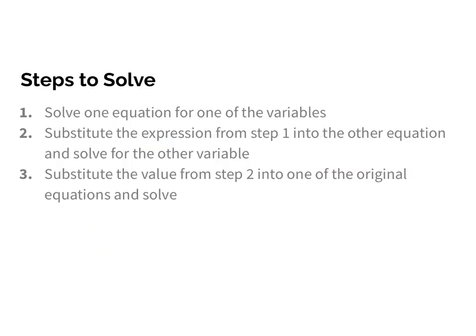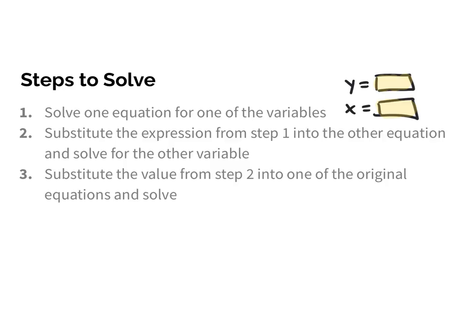So our goal is to try and solve through substitution. So when we do this, we're going to follow some steps. We're going to make sure that one of our equations within our system is going to be solved for one of the variables. What I want to see is an equation that says either y equals something or x equals something. This something could be a number or it could be an expression.